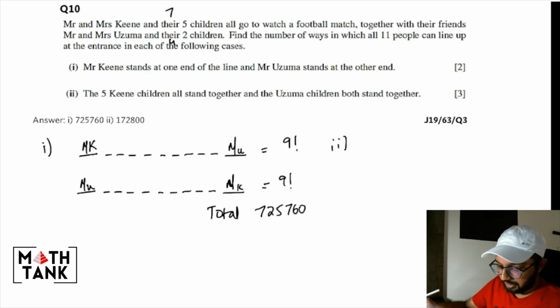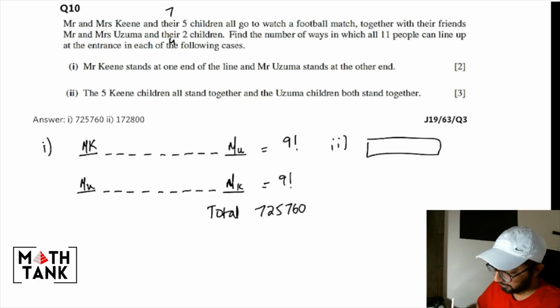Then part 2, it says the 5 Keen children all stand together and the Uzma children both stand together. Okay, now there's no restriction on the ends in this case, so it's just that I need to put the children together. 5, 1, 2, and then there are 4 other people outside, the adults in this case.